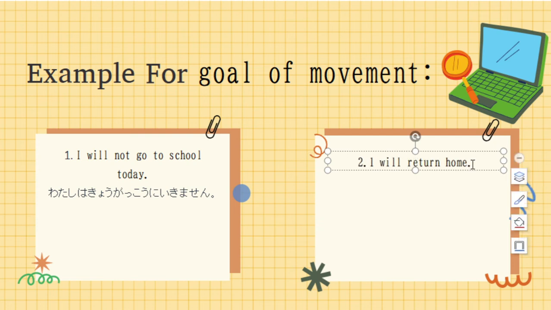Watashi wa. Our home is uchi, uchi ni, and kairimasu, that is return in Japanese. So we have watashi wa uchi ni kairimasu. So the ni is placed after the place, or the home. So that is for the goal of movement.